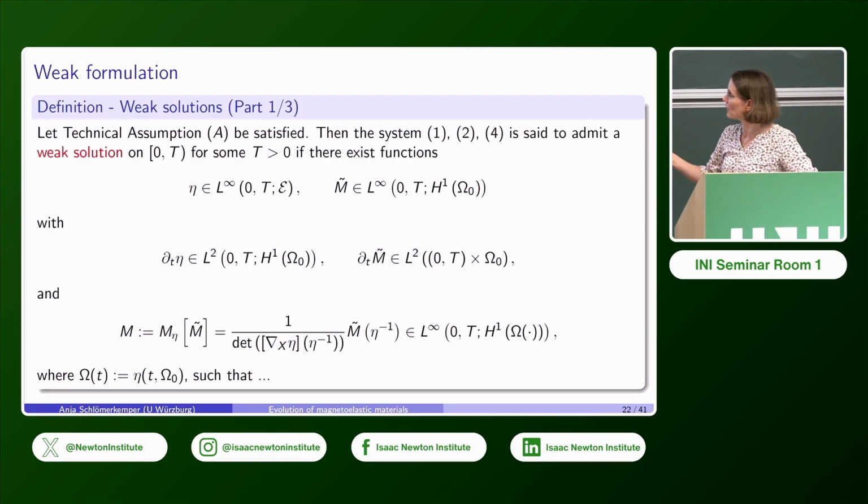Again, we need this regularity for the time derivatives, and also we know that the m satisfies this transport that I pointed out earlier.